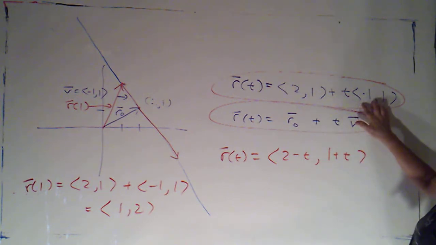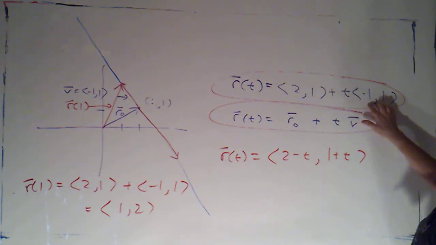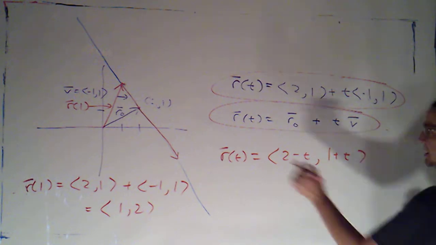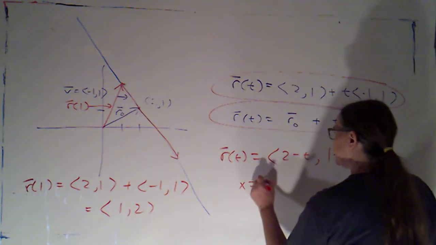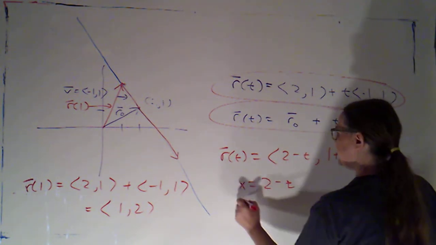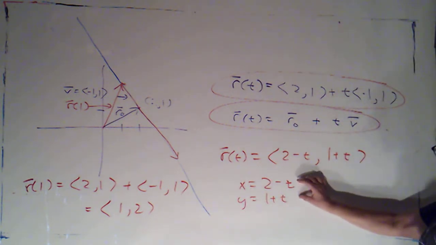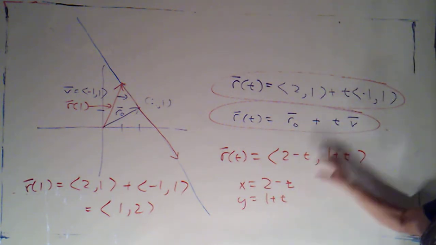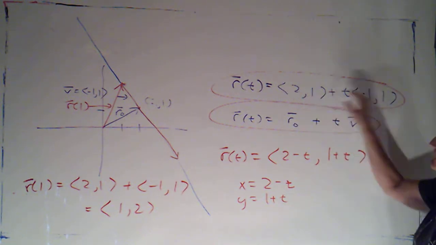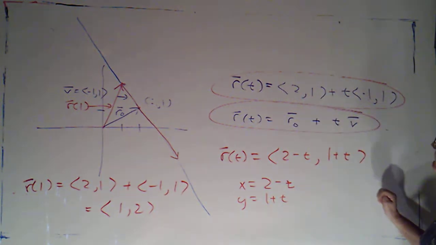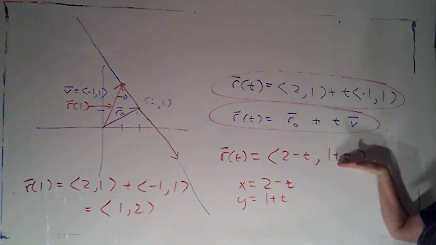I basically just scaled each component by t and then did the vector addition. So my parametric equations would be x equals 2 minus t and y equals 1 plus t. The parametric equations just become the component functions that I have for my vector equation.